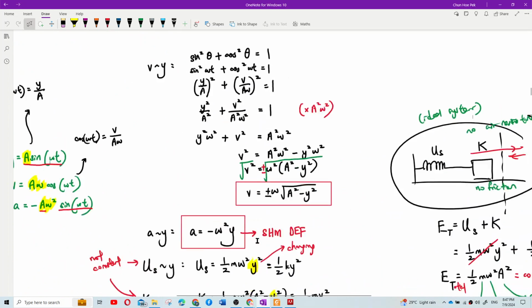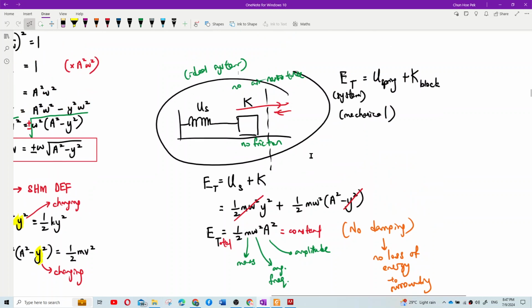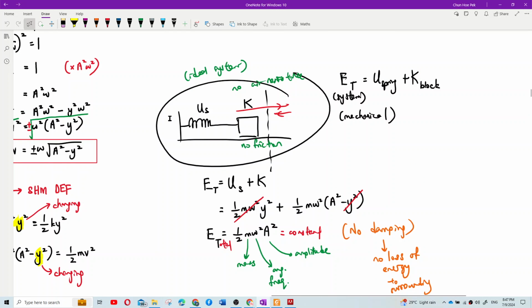If your total energy is always constant, no loss of energy to the surroundings, so that means we assume the elastic energy only changes to kinetic energy, and then after some time kinetic energy changes back to elastic energy. So there's no loss of energy due to friction, becoming heat, or overcoming the air resistance. The energy only interchanges between these two.